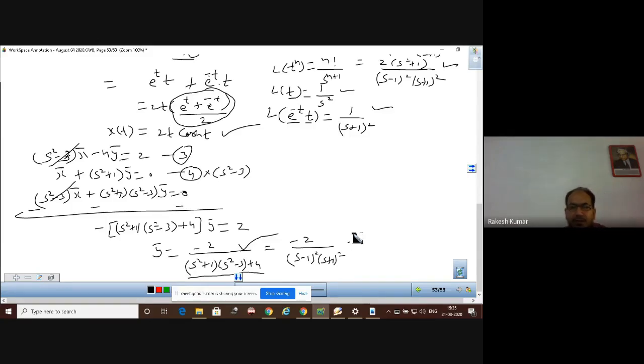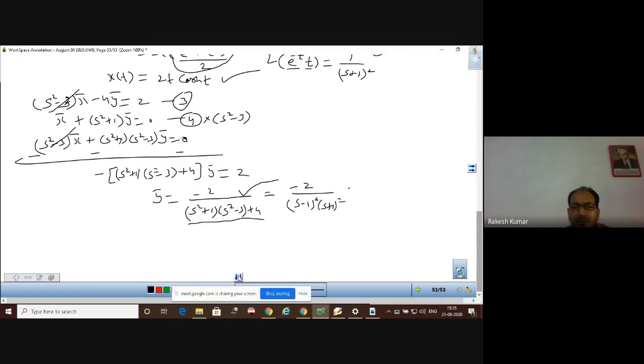You can simplify this term by taking the partial fraction also. Let us try to solve it. Let us find out the partial fraction of this. Minus 2 can be written out, 1 over (s minus 1) square (s plus 1) square.